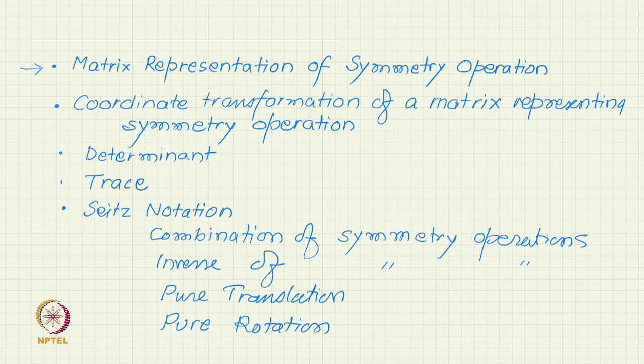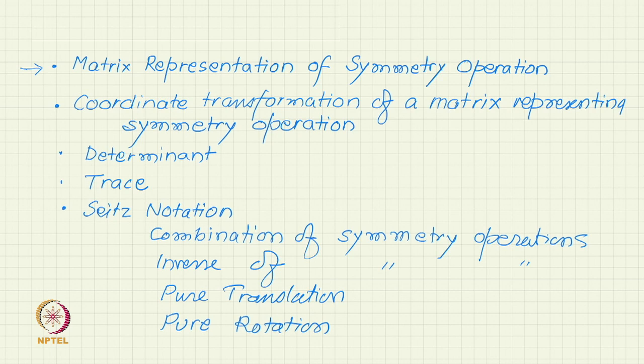So, our coordinate transformation matrices will always be Q matrix, as in the previous lectures, unless it is a coordinate transformation from crystal to Cartesian, in which case we called it a C matrix. Then we will look at some properties of such coordinate transformation.